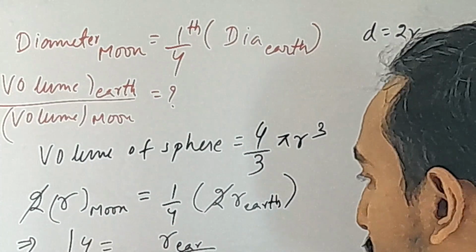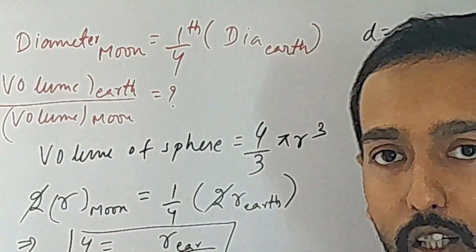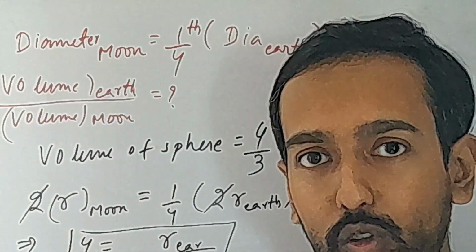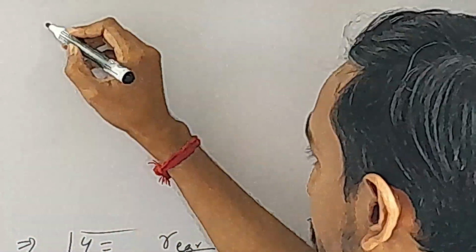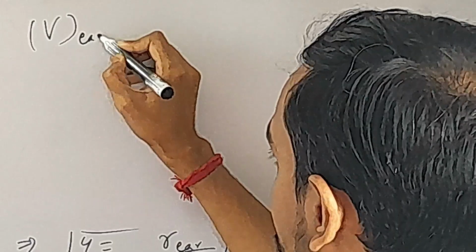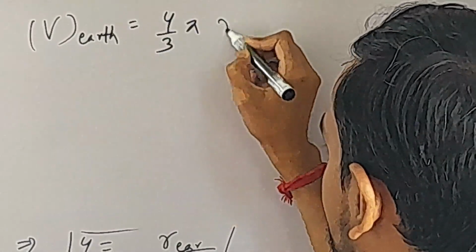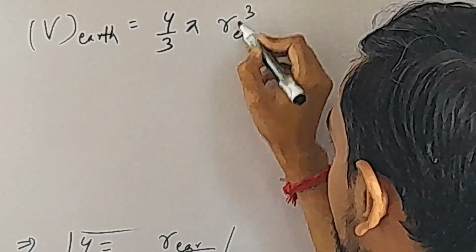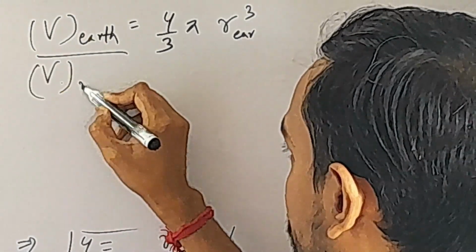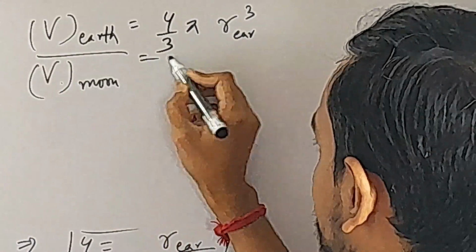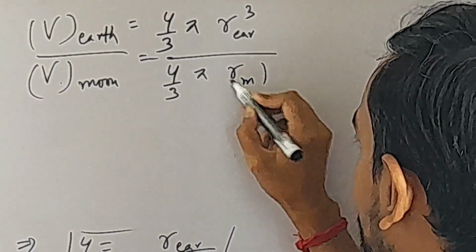So we will use this to find the ratio of the volume of the Earth to the volume of the Moon. The volume of the Earth is 4 by 3 pi r of Earth cube, and we divide it by the volume of the Moon, which is also 4 by 3 pi radius of the Moon whole cube.